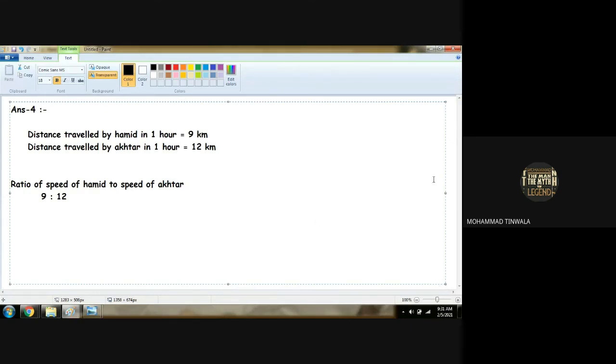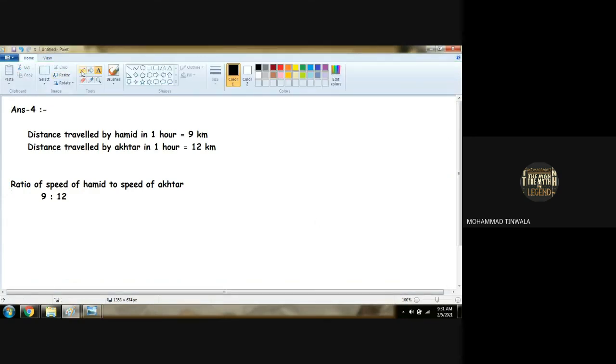Now we can solve this sum. Can I write 9 upon 12? 3 3s are 9, 3 4s are 12. So can I write 3 upon 4, as 3:4 here.